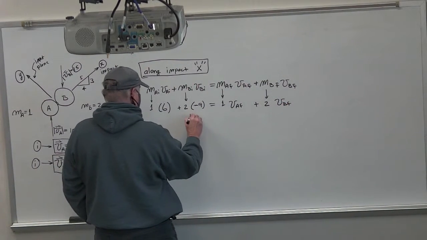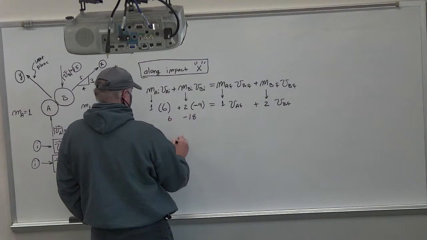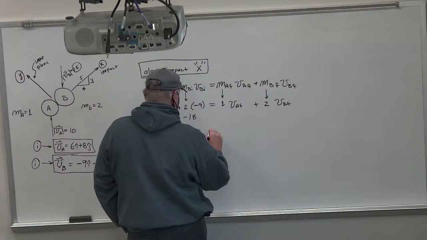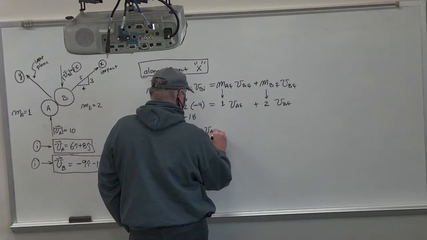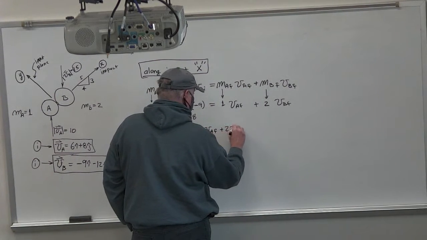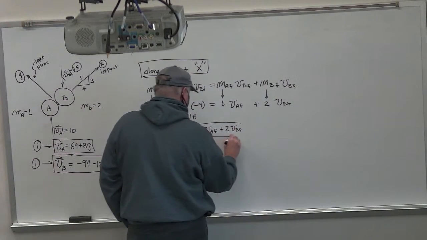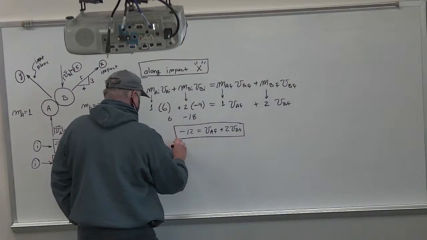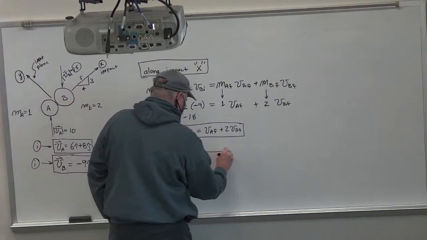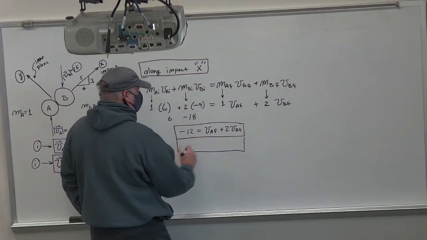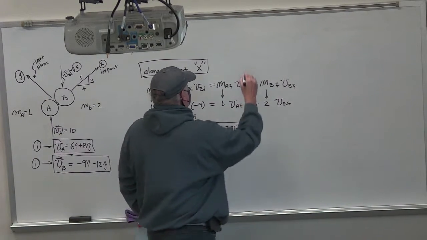So this is 18, looks like minus 12 is equal to... Okay, so I'm going to box that, and I'm going to save a space, and then under here I'm going to do this.